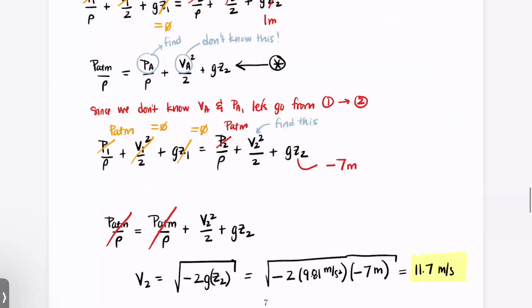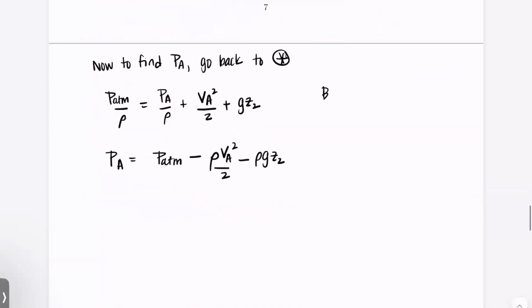It's good? Okay, so I'm just going to say because of conservation of mass, VA AA, don't love that, but we're just going to leave it, is equal to V2 A2.